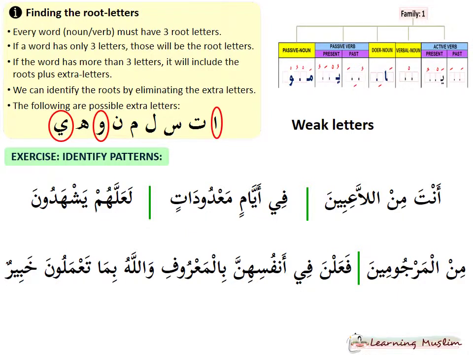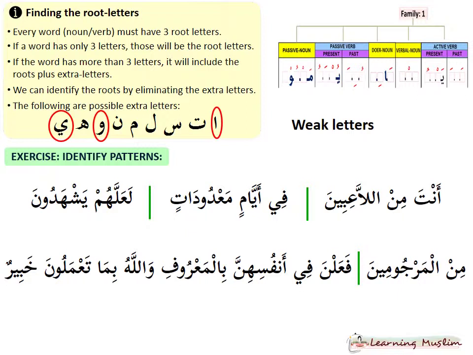We will go with lam being the root instead, and leave alif out because we consider lam to be stronger and alif to be weaker. So we'll go with lam and check that up in a dictionary, and that probably would be our root letters. But there are scenarios where you would give preference to the weak letter over the strong letter to be the root, and then check it up, and then you will find that that is actually the root.